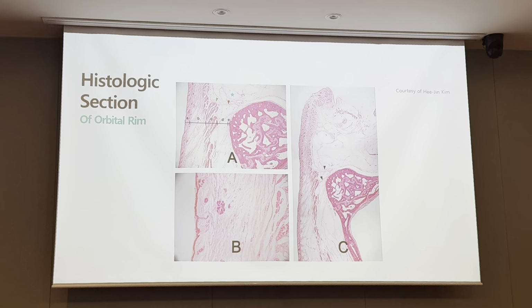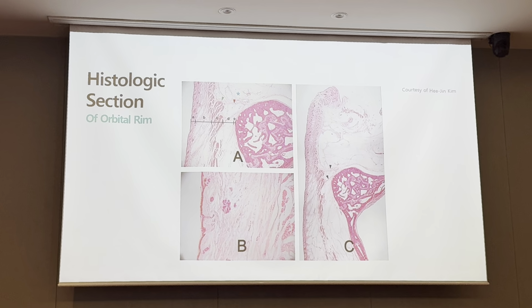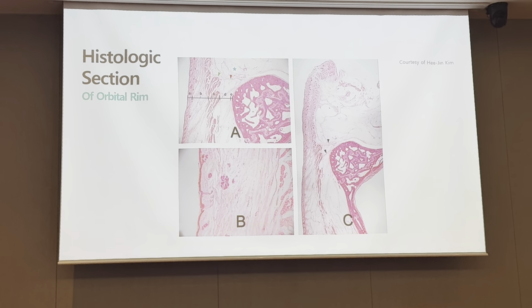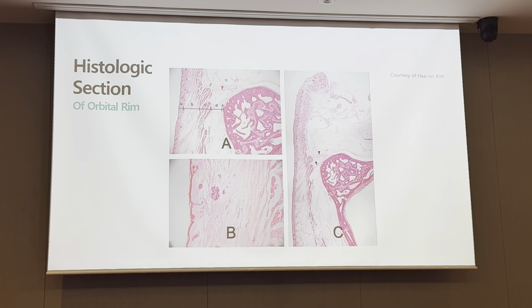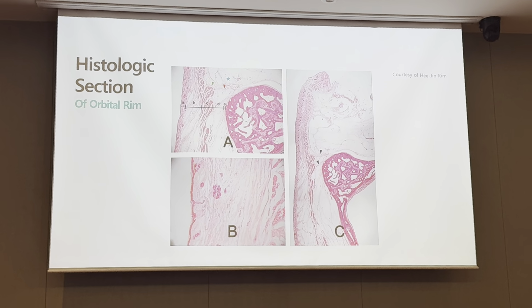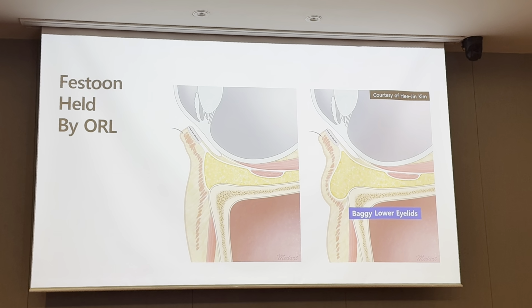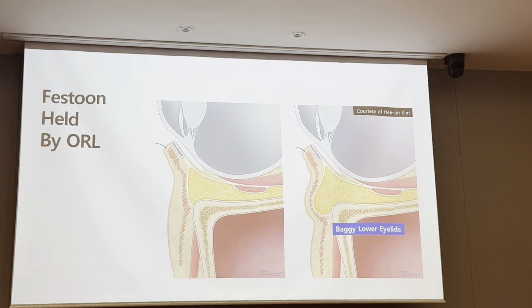Okay. So orbicularis retaining ligaments are the true ligaments. They come from the periosteal layer, penetrating the orbicularis oculi muscle, then to the dermal layer. So this ligament tissue is holding the infraorbital fat pad so it does not migrate to the perioral region or somewhere else as we get old.